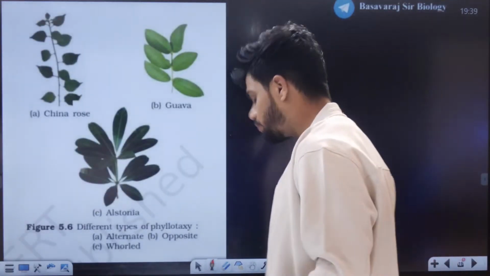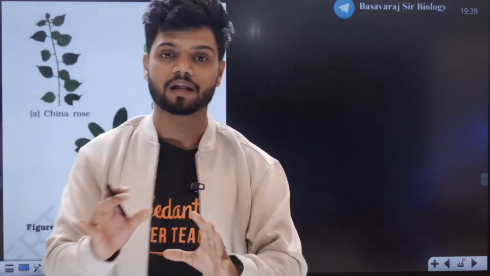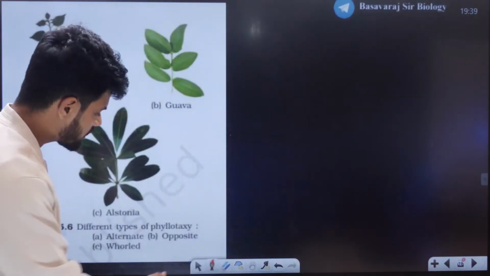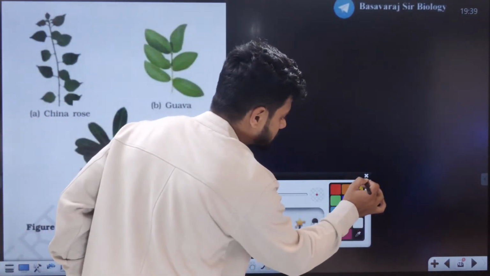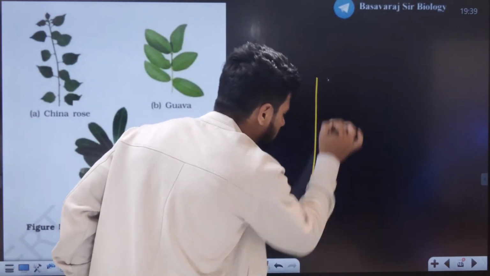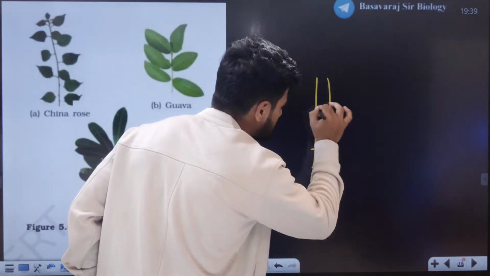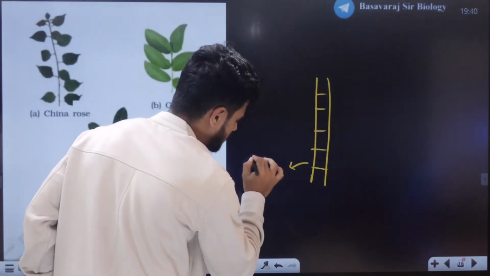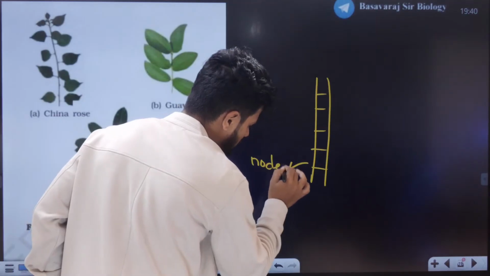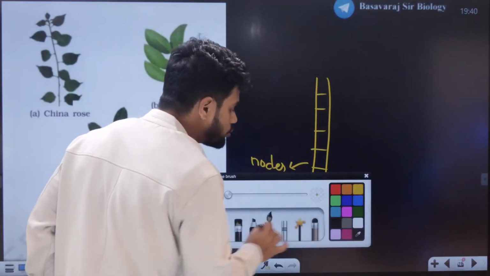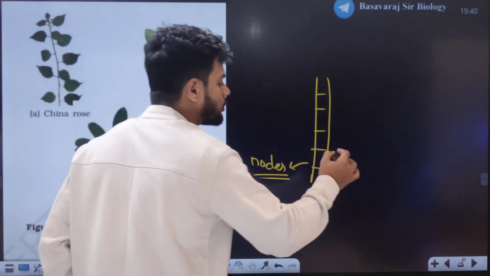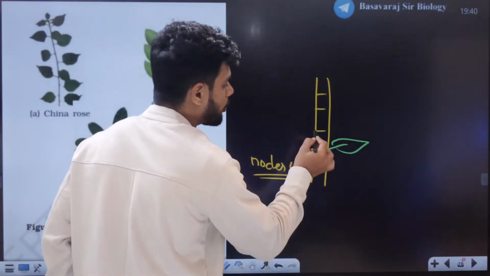Now here I'll tell you a very important thing, phyllotaxy. Understand phyllotaxy. I will teach you phyllotaxy and you will never forget it in your life. Okay, ready? Now if this is the stem right here, here we have the nodal regions. These are the nodes. At the nodal region, we can find only one leaf.